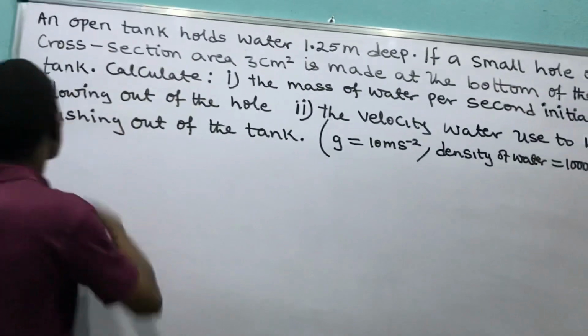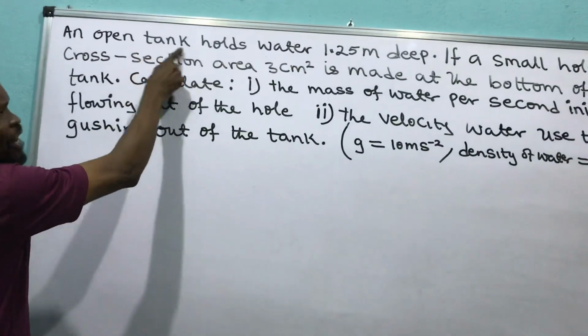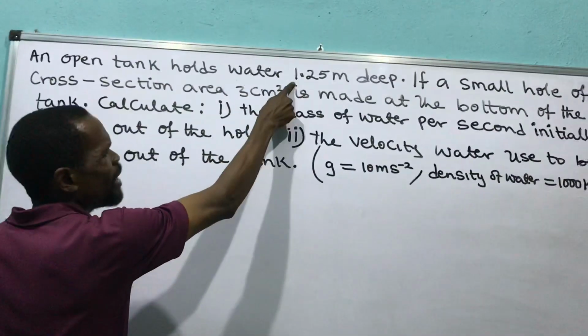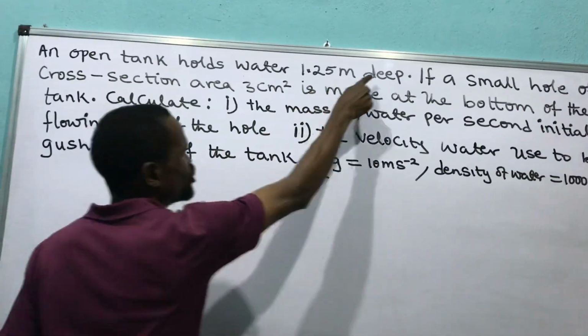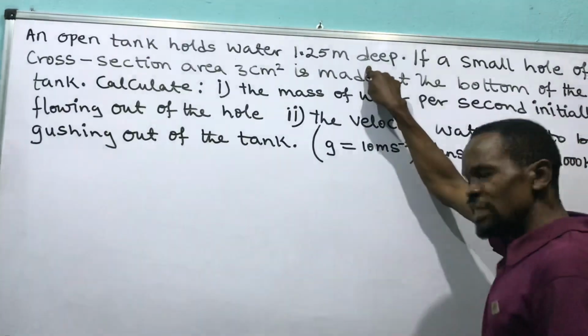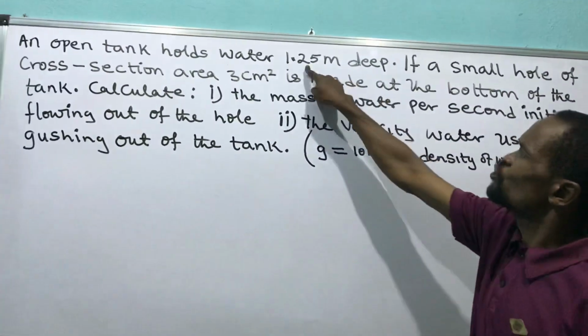Let's look at this question. An open tank holds water 1.25 meter deep. The depth of that water is 1.25 meter.